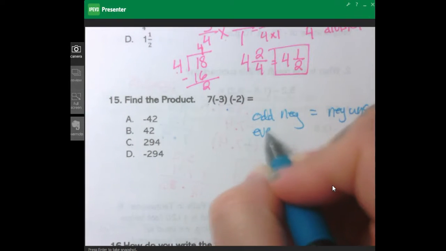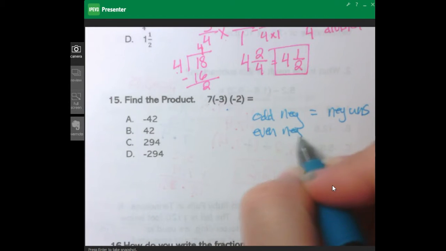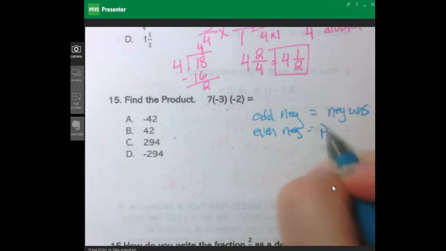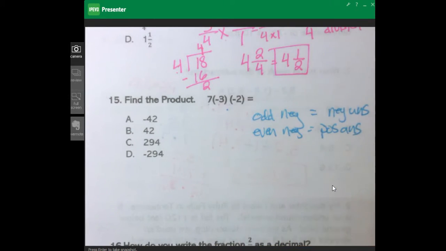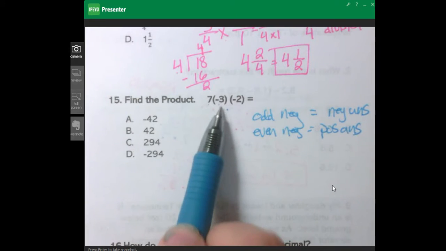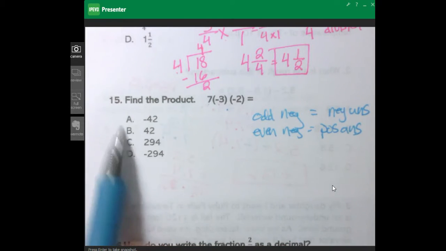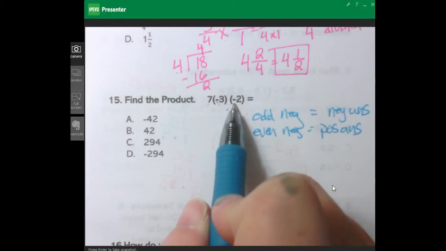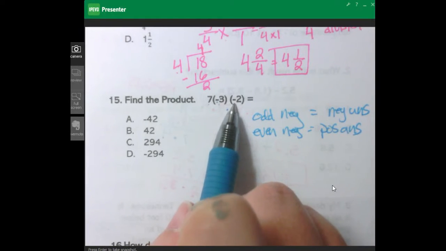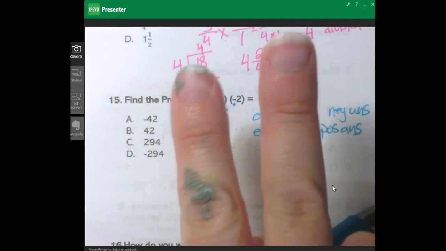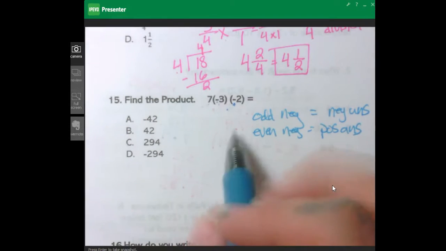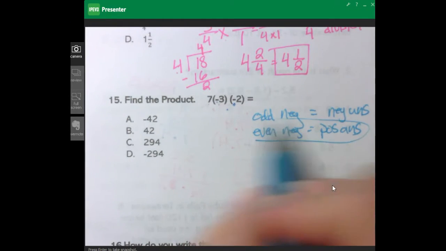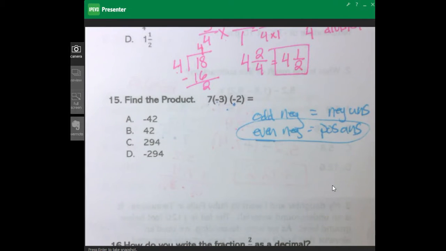But if we have an even number of negatives, we have a positive answer. So I can go ahead and identify the sign and rule out a few of these. I have 3 numbers, but only 2 of them are negative. So that means we're going to have a positive answer.